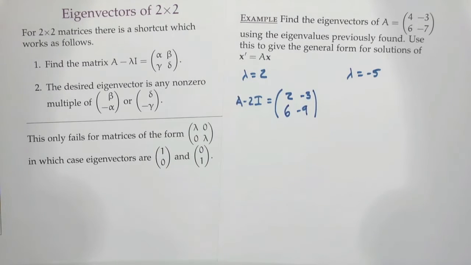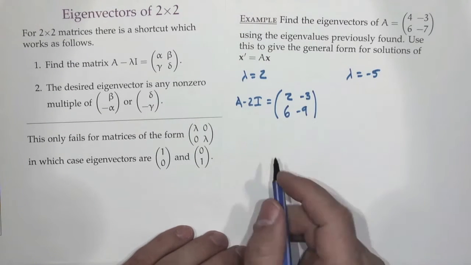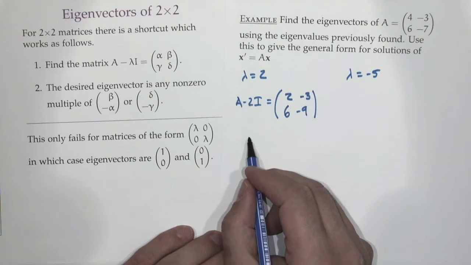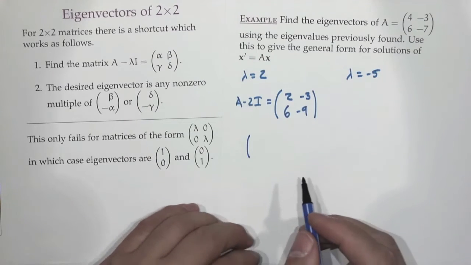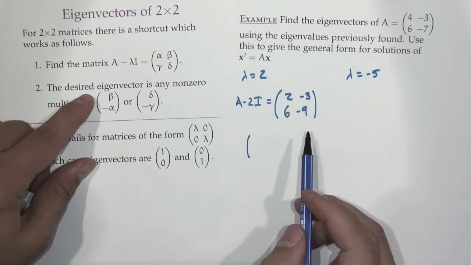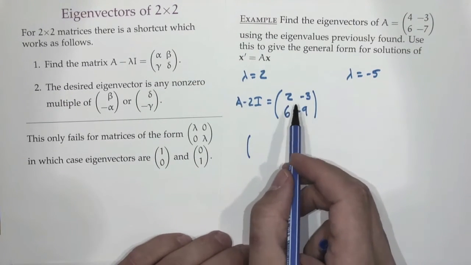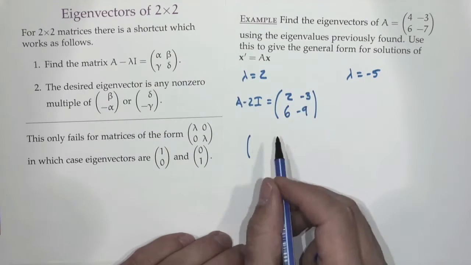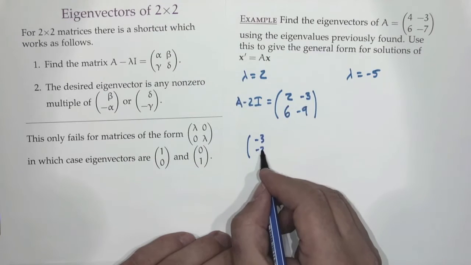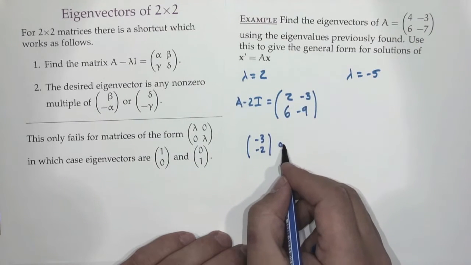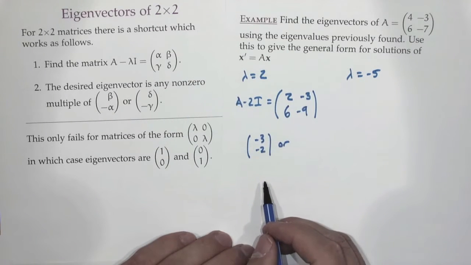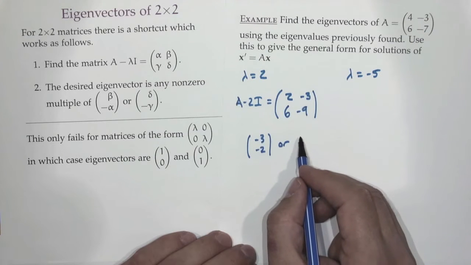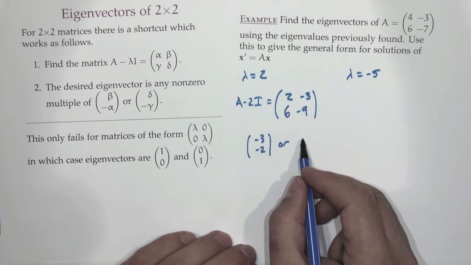Now, if we believe this is true, can you give me an eigenvector? So, this is our alpha, beta. This says beta, minus alpha. So negative 3, negative 2. Of course, we can clean that up. We can scale it. Is there anything nice to scale by?